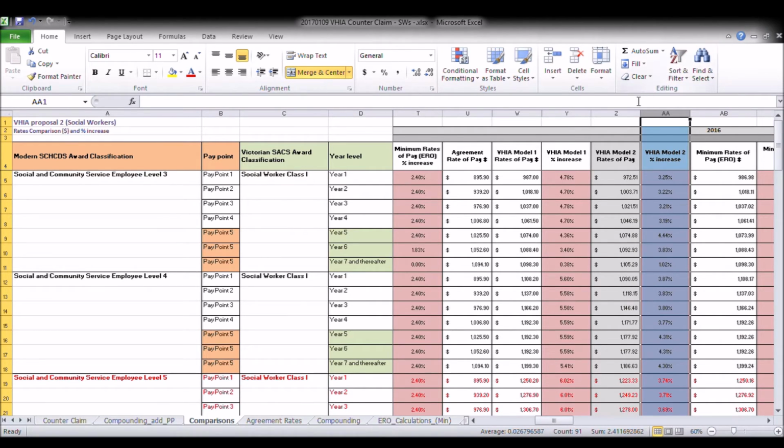And this is where I will outline on another tab where we would like you to make some amendments to the proposal if it is unaffordable for your community health centre. And that is the compounding add pay point spreadsheet here.